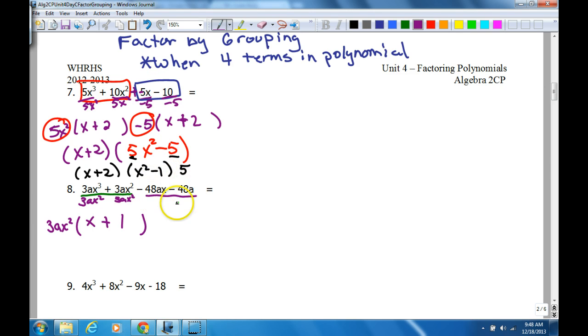Now, on the second set here, we have negative 48ax minus 48a. What can I take out of both of those? Negative 48a. So when I take out negative 48a from this, I'll have just an x, and on the second one, I'll have a plus 1.